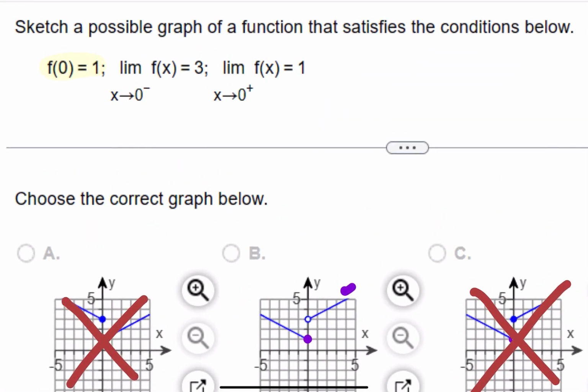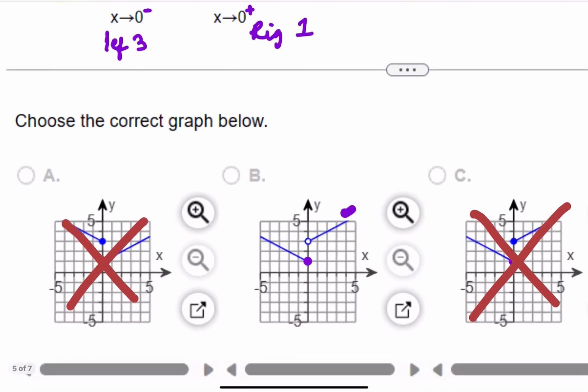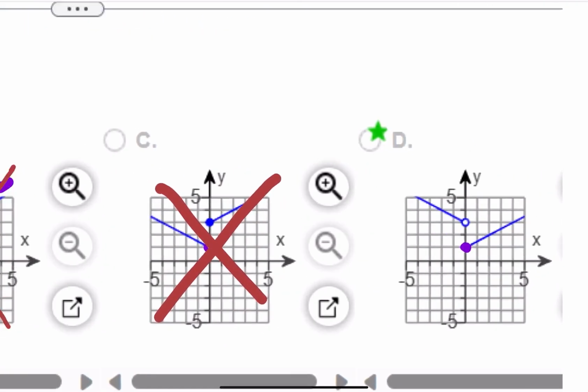When approaching from the negative side, the function goes to 3. When I approach from the positive side, or the right hand side, the function goes to 1. So right hand side is 1, left hand side is 3. Let's see. Left hand is 1. So definitely not this one. My only option is this one.